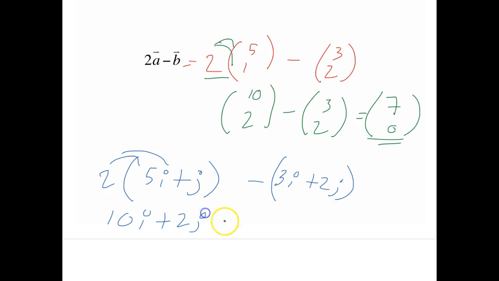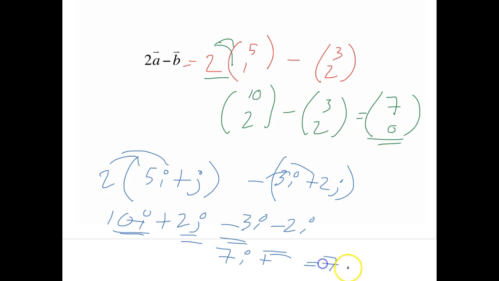So you distribute the 2, distribute that negative to both of them, negative 3i minus 2j, add up like terms, 7i, these cancel out, so you just get 7i, which is the exact same thing as this. So that's it in component form and in unit vector notation form.